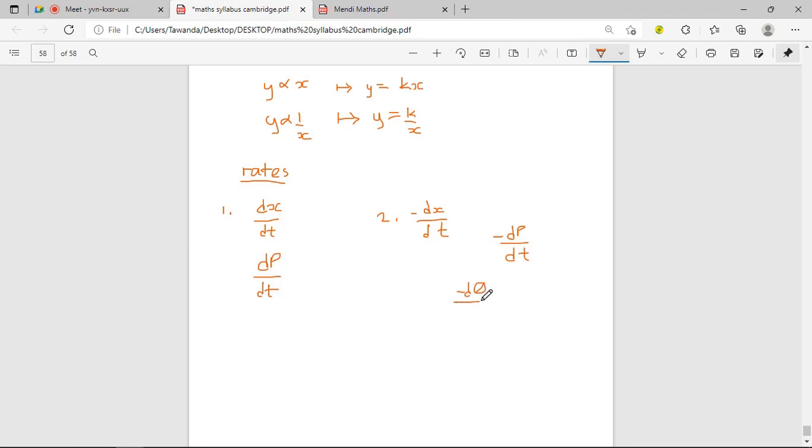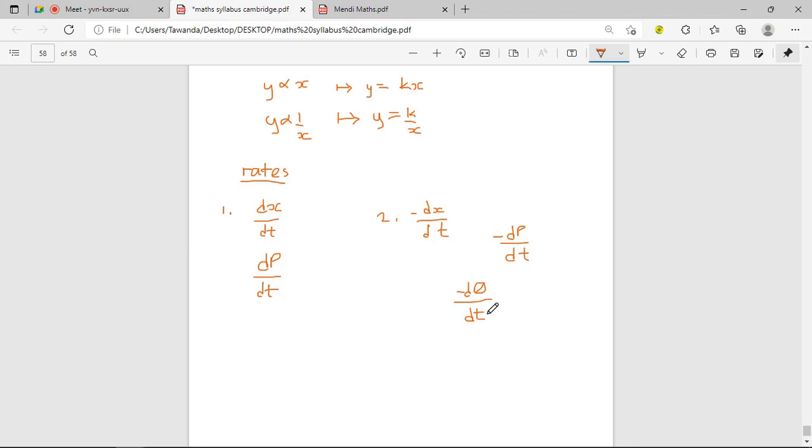If the body is cooling down, it will be negative d theta over dt. So when they say the temperature is cooling down, it will be a negative derivative, right? The rate of change will be negative. Are we together?